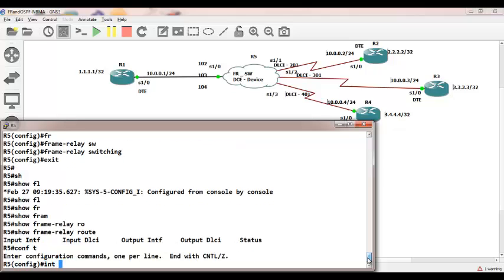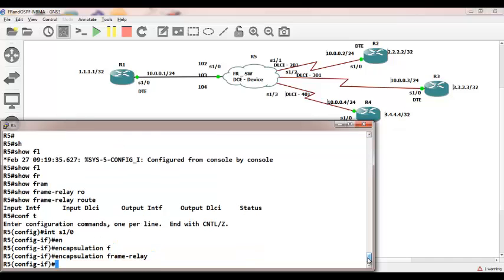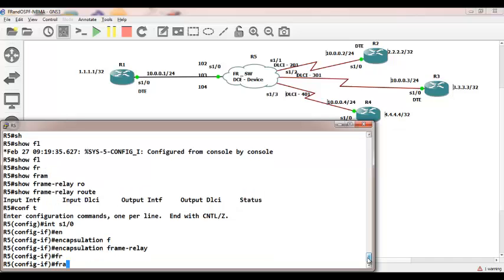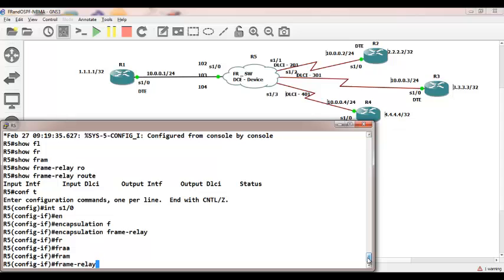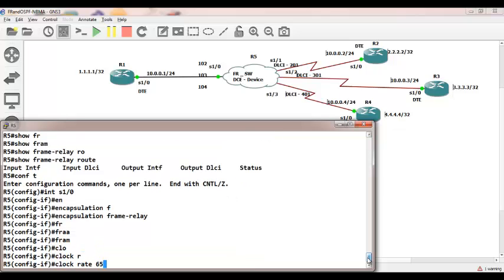Interface serial 1/0. First thing is encapsulation frame relay. One more thing, clock rate. Clock rate is 64,000.